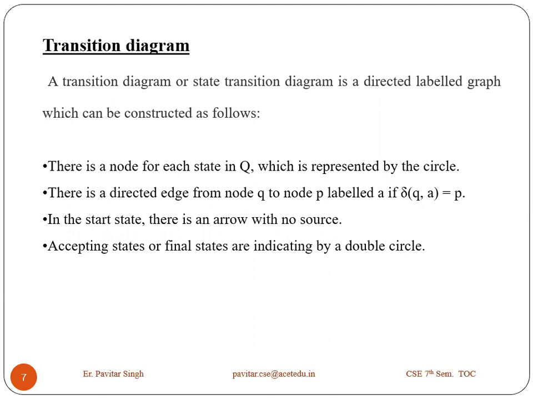Next, your final state will be represented with the help of double concentric circles. So here P will be acting as your final state. I hope the concept is clear.